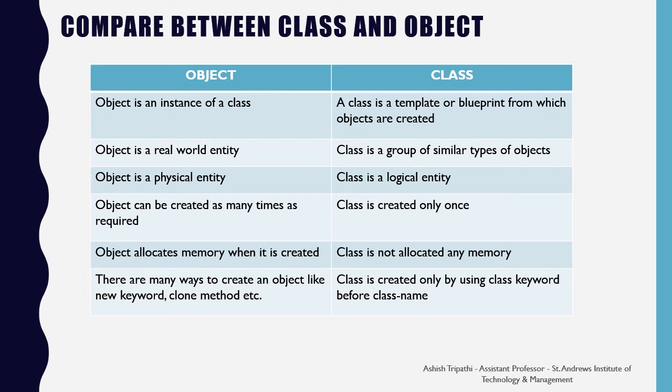Object is a physical entity as it exists in the memory, but a class is a logical entity having only the concept. There is only one declaration of a class, but many declarations of the objects. Class is created by using the class keyword and object is created by the new keyword.